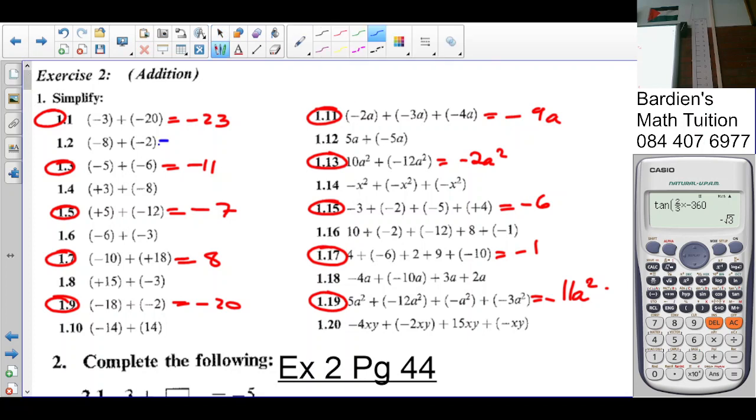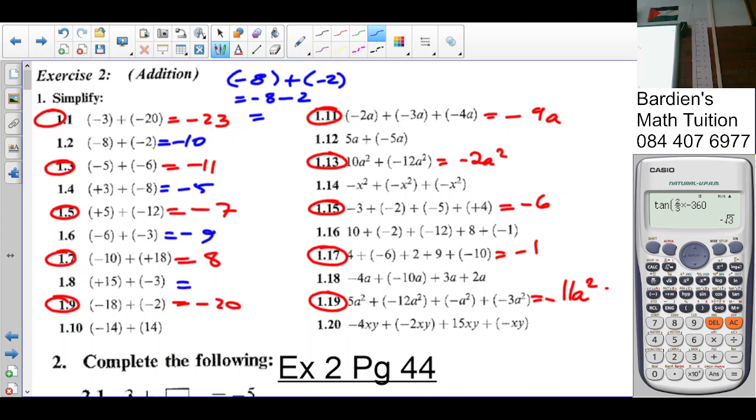Alright, so what's this answer here? You see, negative 8 plus minus 2. Positive times negative is negative 8. Negative times positive is negative 2. Negative 8 minus 2, negative 10. Okay. So what's the next answer? Negative 5 is correct. The next one?